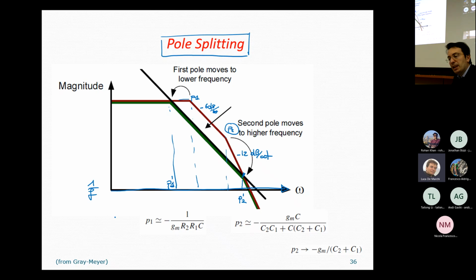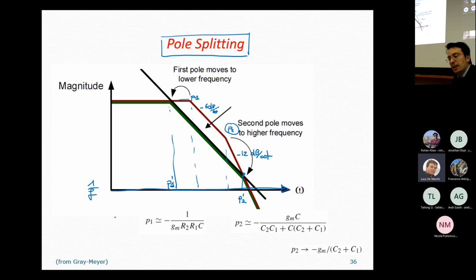Okay, so is this plot clear? These solid curves represent the trend associated to the second pole, P2, and the dominant pole, P1.